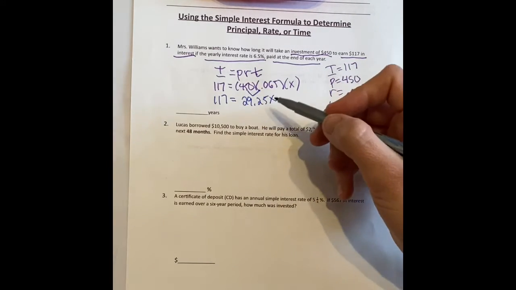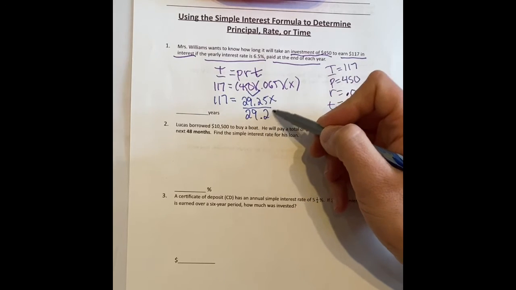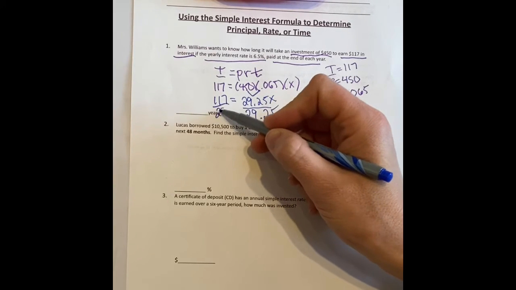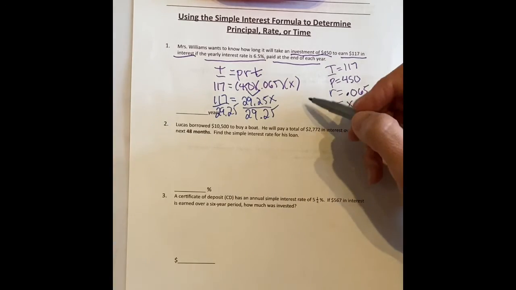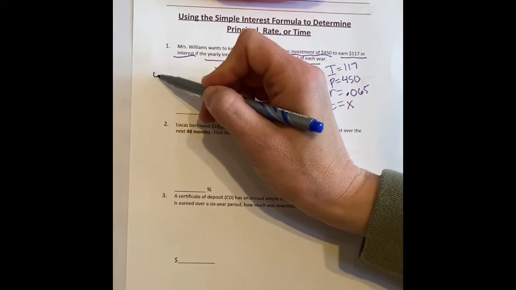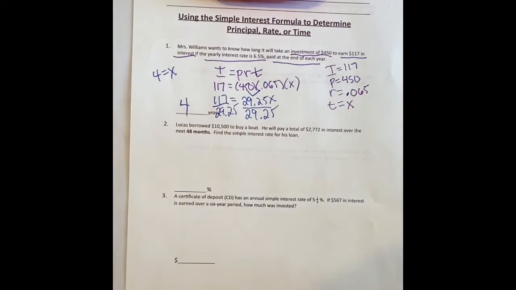Keep the x. And now since x is multiplying with 29.25, we want to divide both sides by 29.25. So we have to do 117 divided by 29.25, and that gives us 4 is equal to x. So the amount of years would be 4 years.